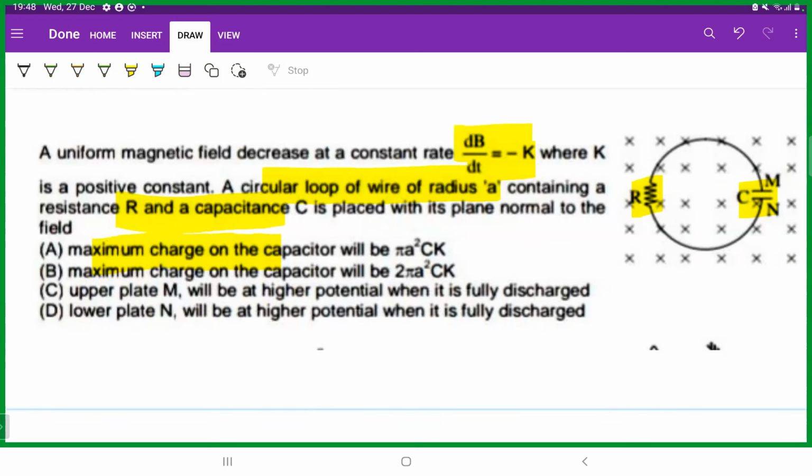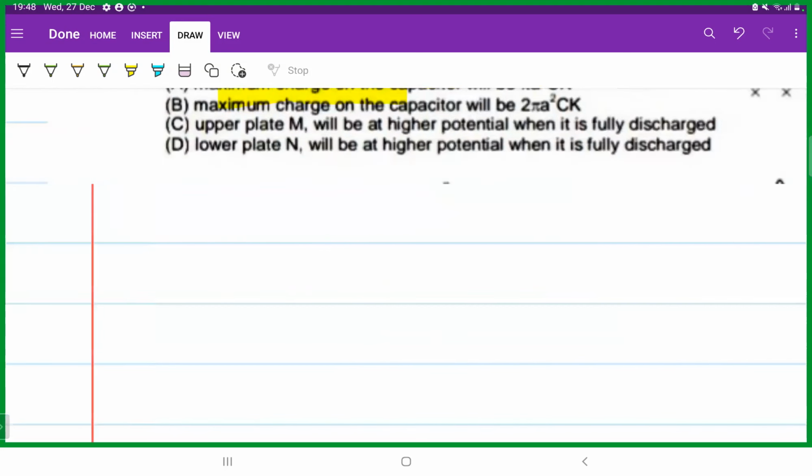First things first, let's find out what the EMF induced will be. Since there's a changing magnetic field, we know that EMF induced will be equal to minus dφ/dt, where φ is the flux linked.